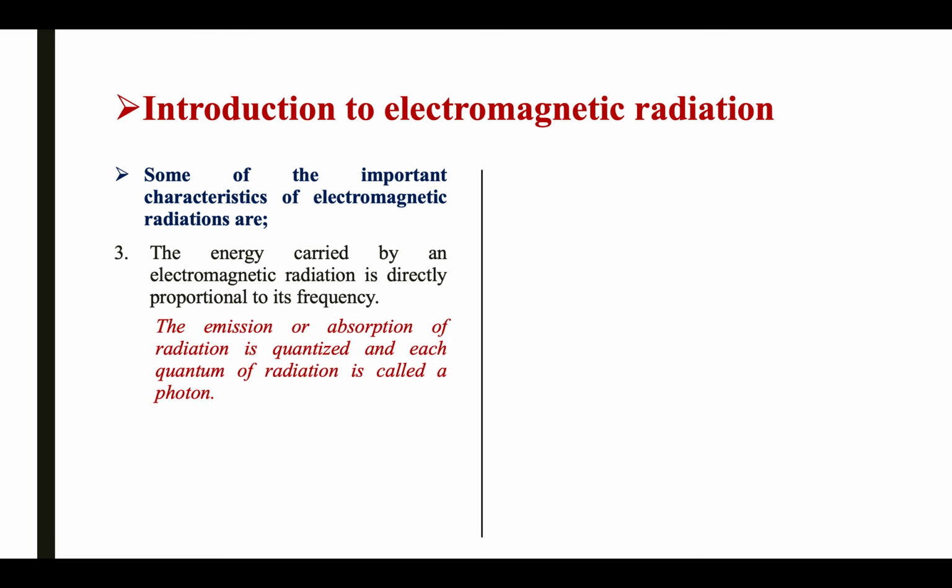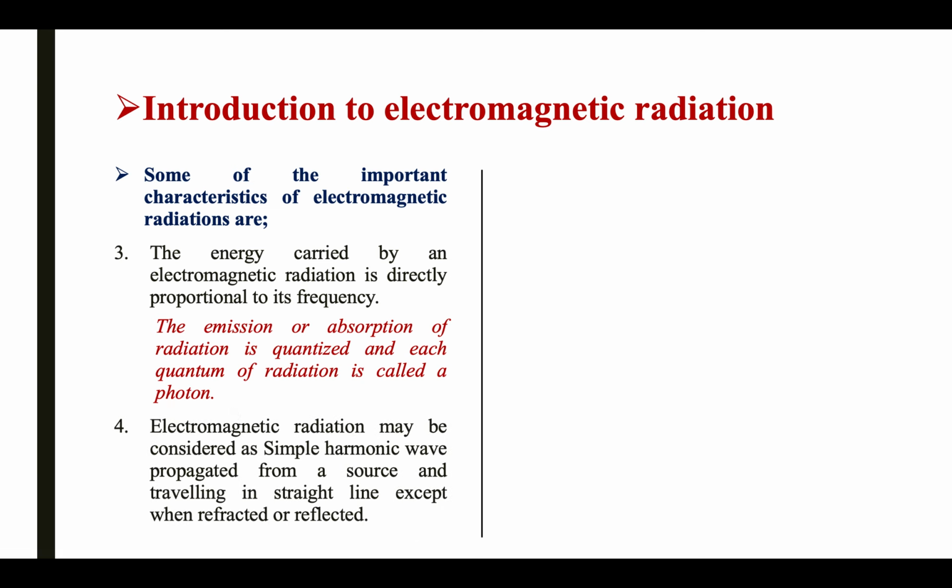The emission or absorption of radiation is quantized, and each quantum of radiation is called a photon. So a wave can emit or absorb depending on the radiation, and whatever absorption takes place is quantized, so it will attain particular energy levels. That quantum of radiation we call a photon.